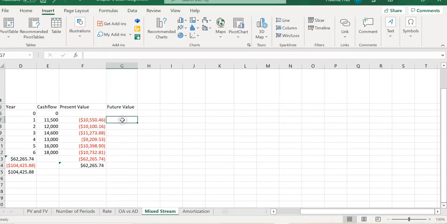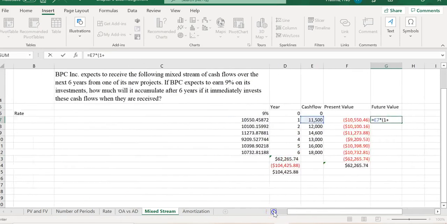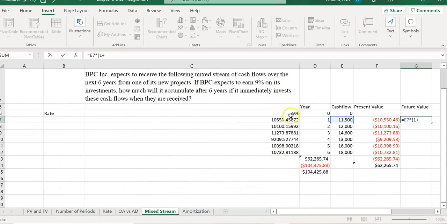So let's get the future value equals present value times 1 plus rate of interest, right, which is this number right here, and we want the rate of interest to stay constant.